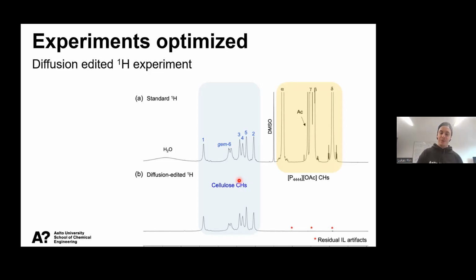And what is very nice, if you're interested in chemical modifications of cellulose, is that if you have a covalent modification of the cellulose backbone, you can easily see it in the diffusion edited experiment and distinguish it from impurities that might remain from insufficient washing or purification of your material. You can see it because the modification on the polymer is also a high molecular weight peak.